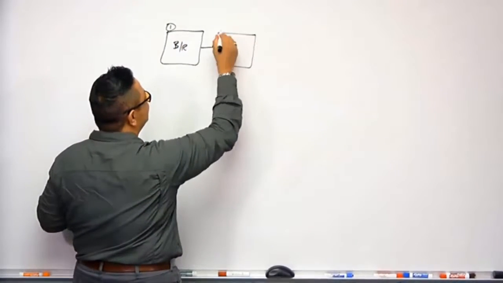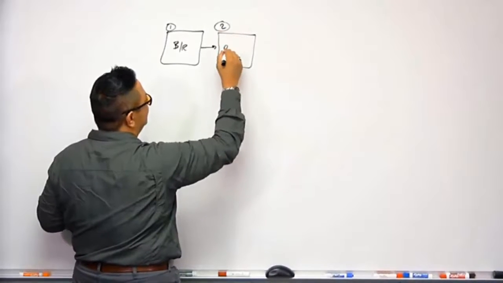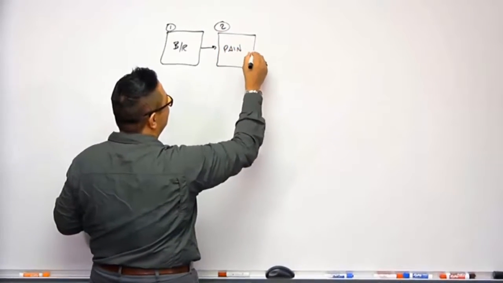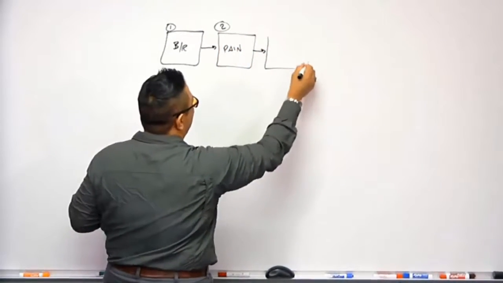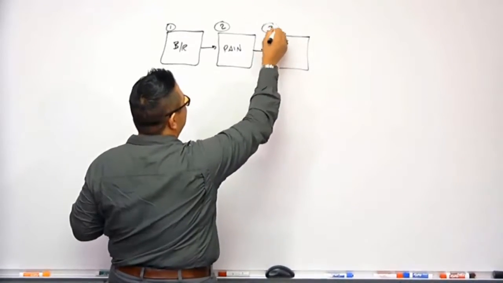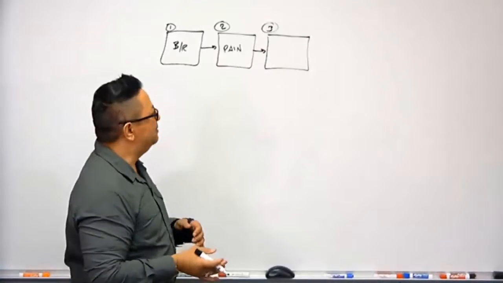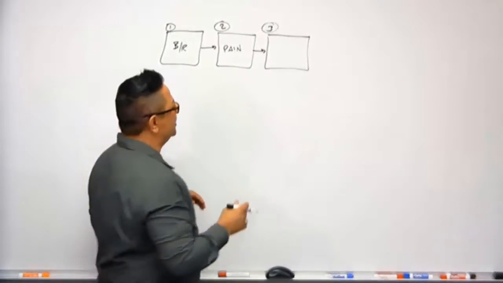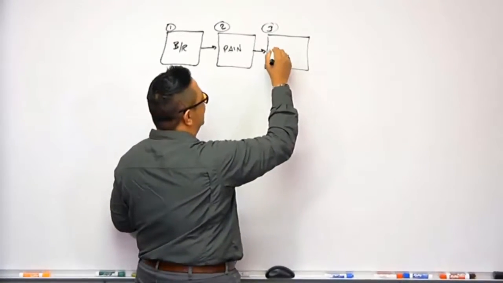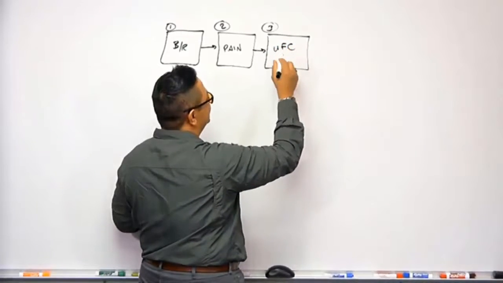And the second part of the process, number two, finding their pain. I'm laying the foundation so that you can understand my entire sales teaching by just laying out the framework, because framework is important. Pain. This is the upfront contract.